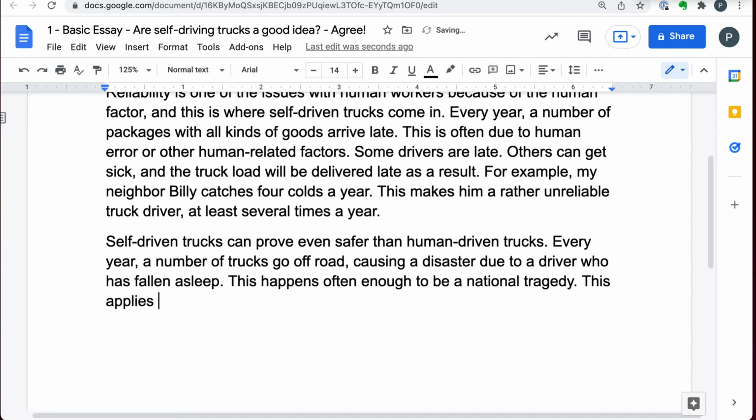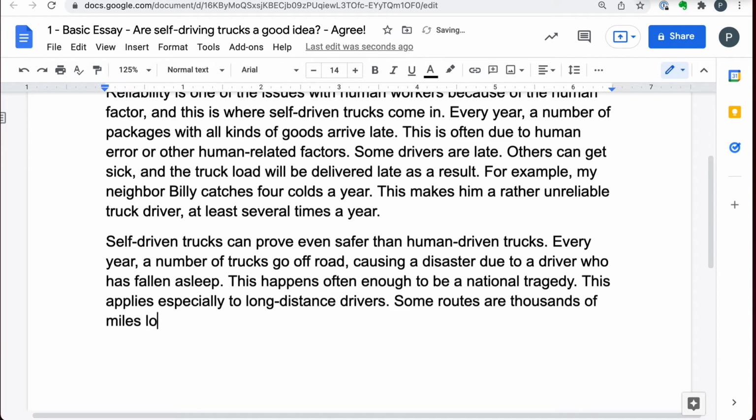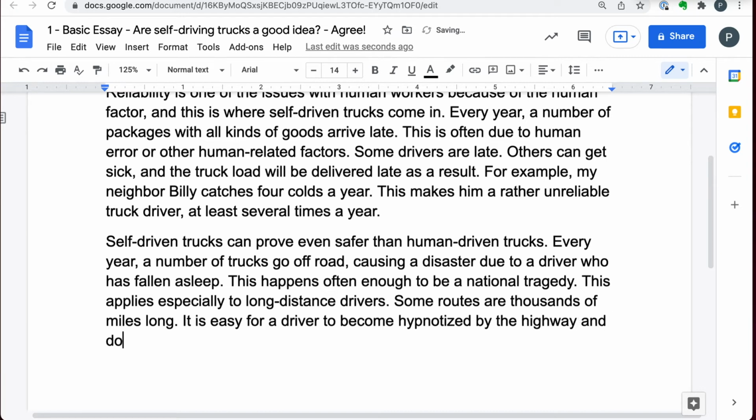This applies especially to long distance drivers. Some routes are thousands of miles long. It is easy for a driver to become hypnotized by the highway and doze off.